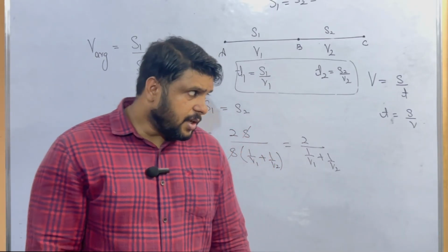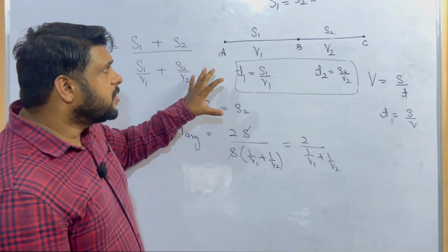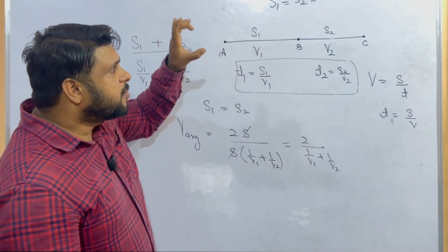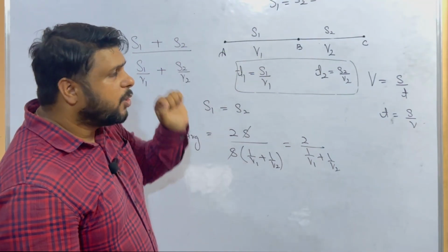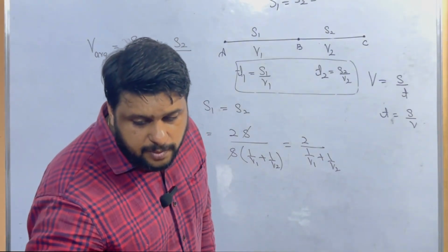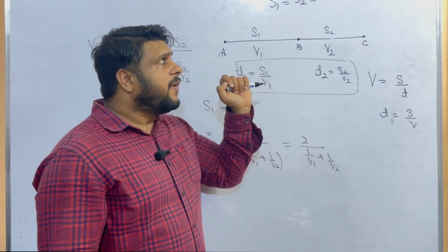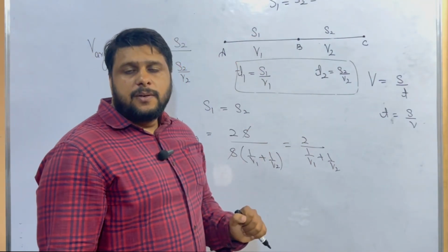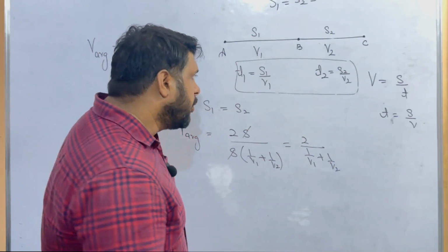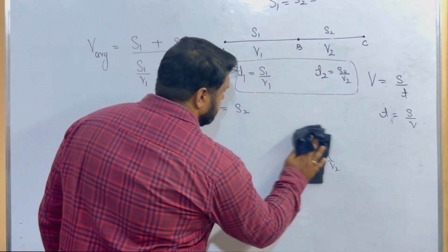So this is the case where they are providing you distance traveled and the velocity. There is another case where they are not going to provide you distance, they will provide you time and velocity. Then how will you calculate? Let me show you.